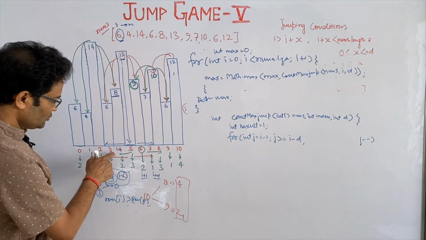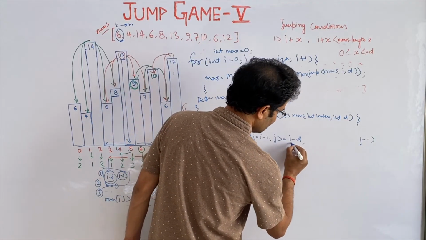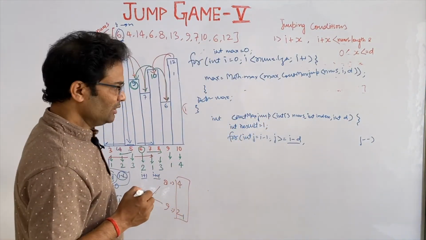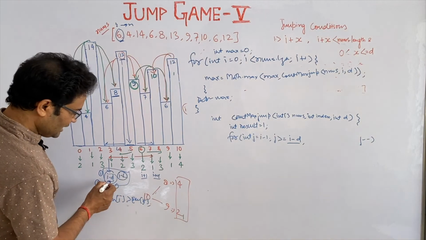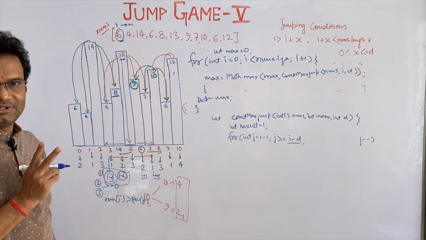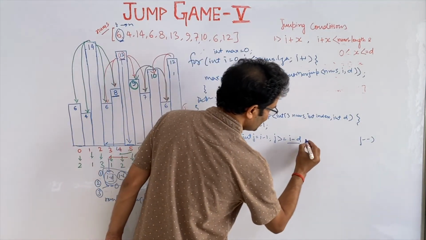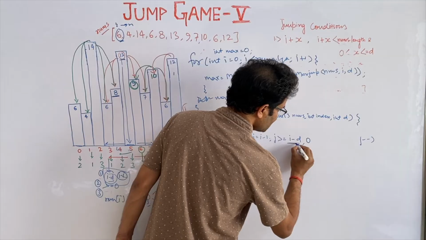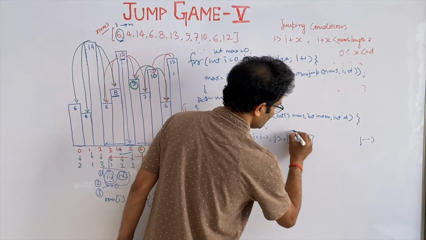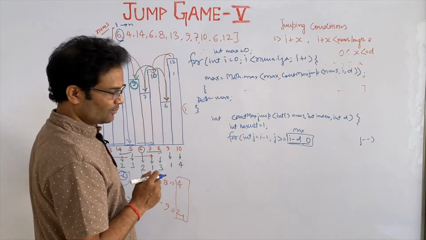And this value should be greater than that. Again, one more condition, this value you have to choose either the I minus d or the 0, whichever is the maximum, right? So it should not go back there. So here you have to choose the maximum of both of these. What is the maximum? That is the condition for the j.